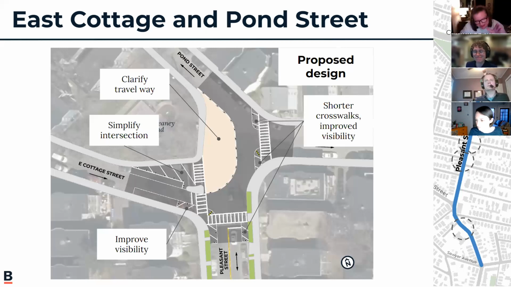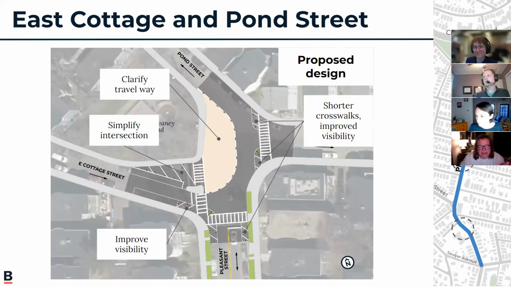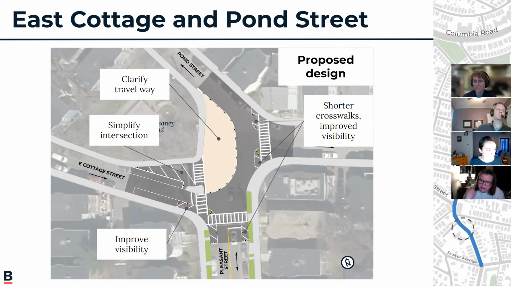Okay, thank you. I was very excited to see this intersection at East Cottage and Pond Street after seeing all the previous ones because they were so beautiful. And this one leaves me with a lot of concerns. Are the temporary plastic bollards being put in so we could address the safety issues quicker? So it's not a funding issue. Will these be done much sooner than the rest of the street?